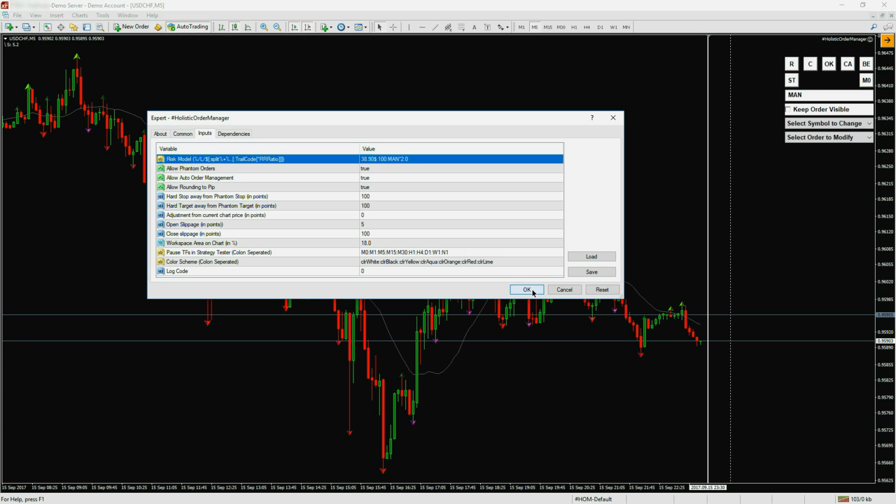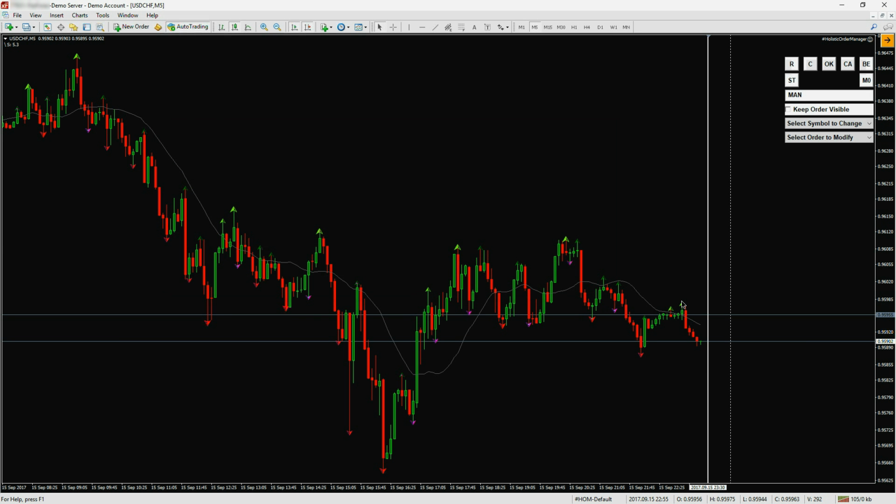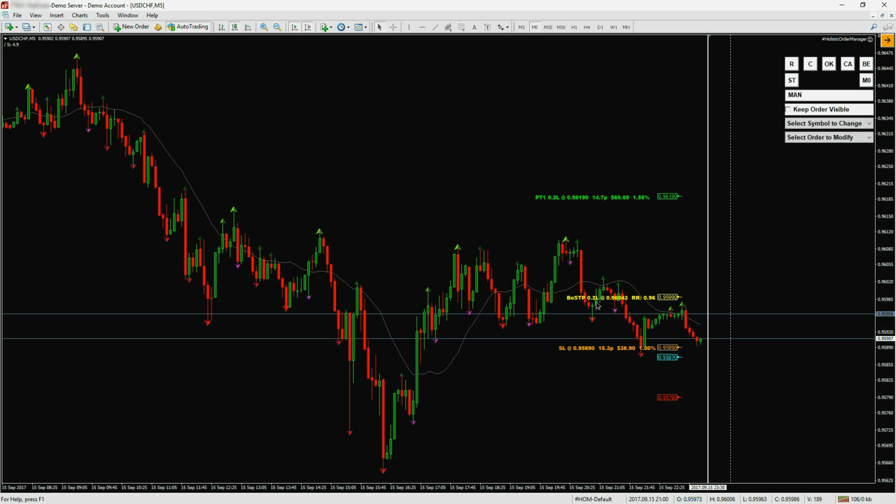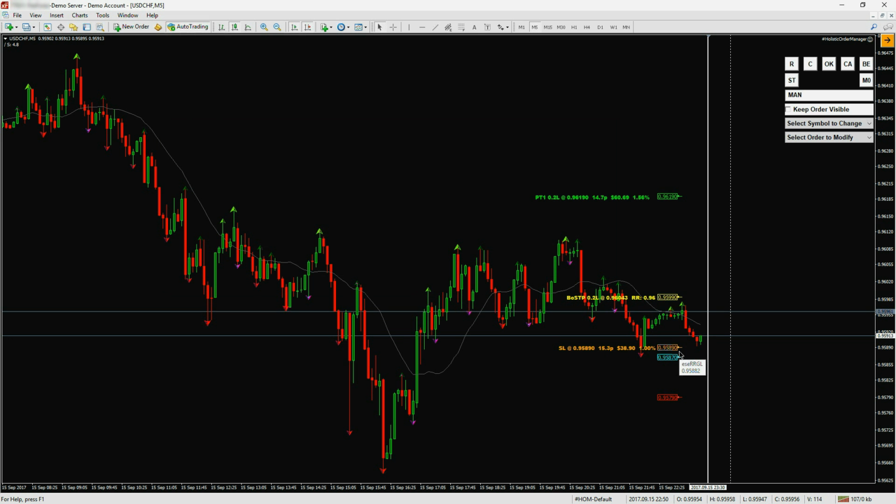If I say OK and try to open the same order again, you will notice that your risk is exactly 10 pips, which is about 1% of your account. 1% of your account is 38.90, so you are risking about $38.90. Now your lot size will decrease to 0.2 lots. So Holistic Order Manager will calculate your lot size or your risk amount or stop level according to the defined criteria in the risk model.